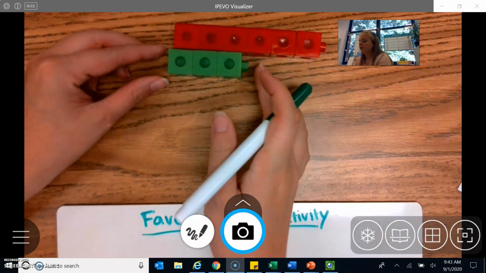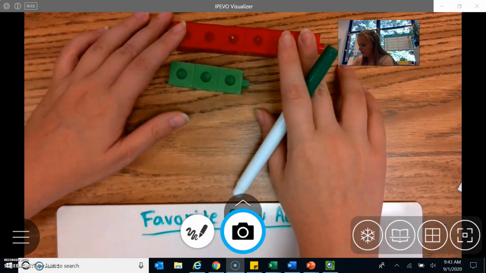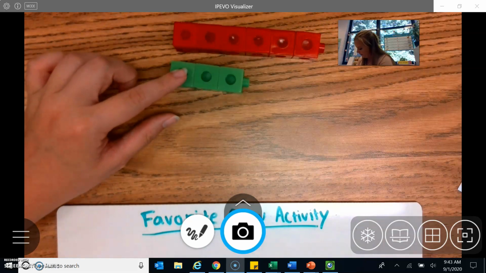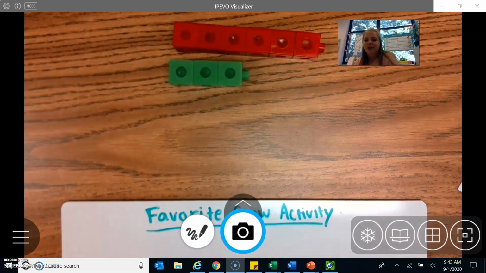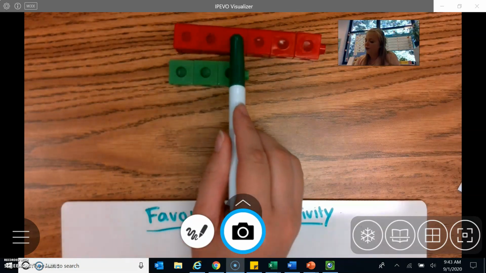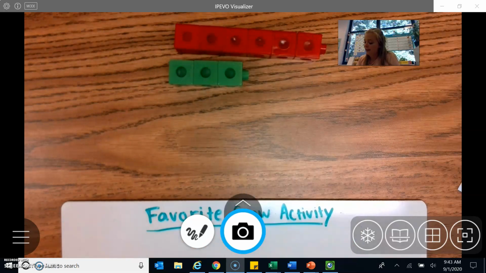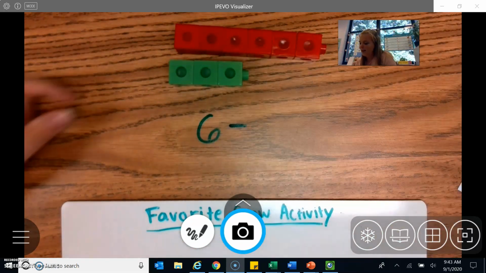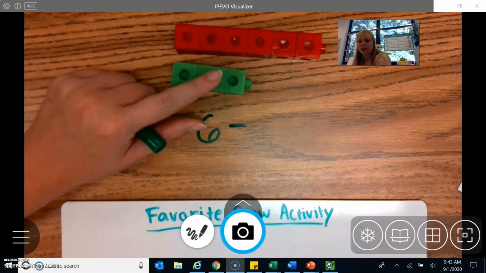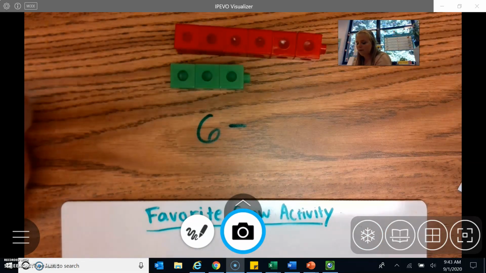3. So 3 more people voted for snowmen than for snow angels. How could I have written this as a subtraction statement? That's right, I could have said 1, 2, 3, 4, 5, 6, take away how many? 1, 2, 3.